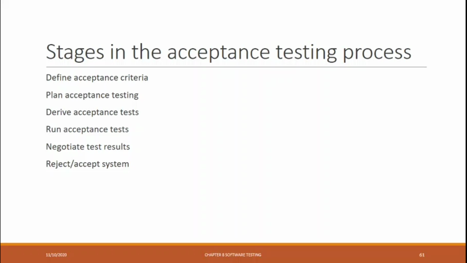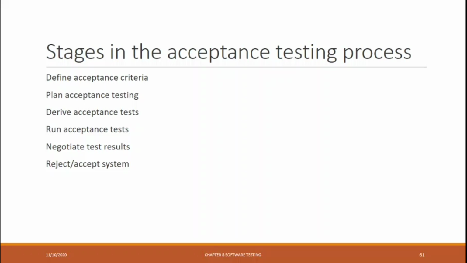Then the last stage, reject or accept: whether it has met the customer requirement is checked. If it has not, then it is rejected. If it is as per the customer, it is accepted.